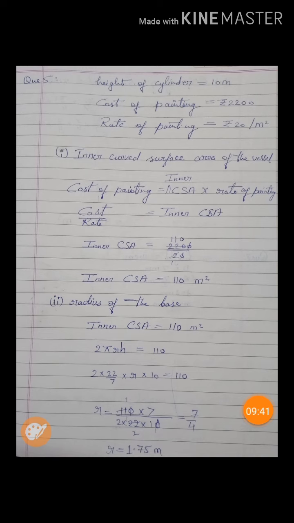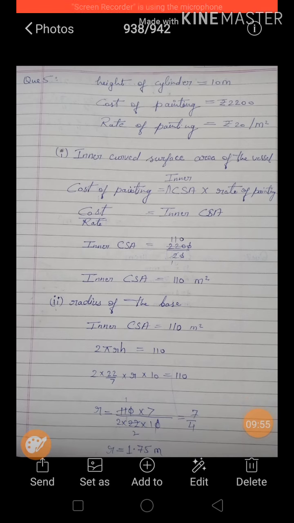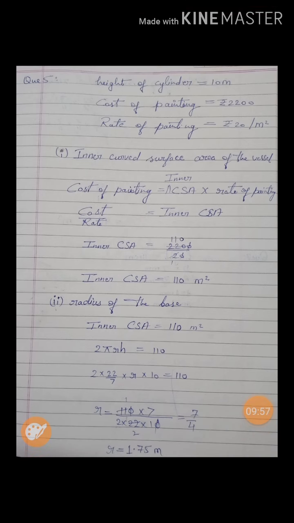Now question number 5. It costs rupees 2200 to paint the inner curved surface of a cylindrical vessel 10 meter deep if the cost of painting is at the rate of 20 rupees per meter square.